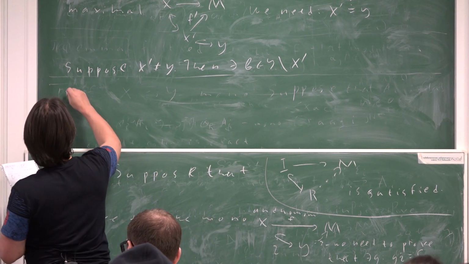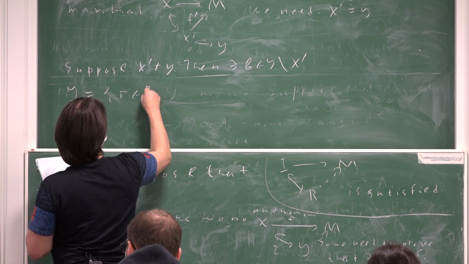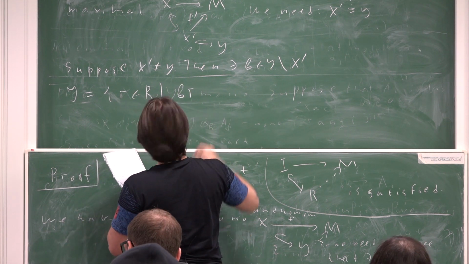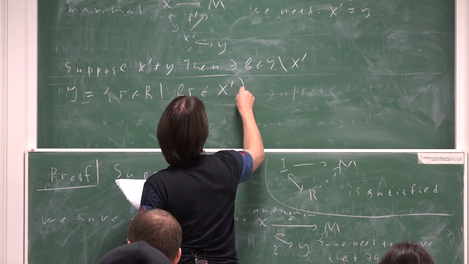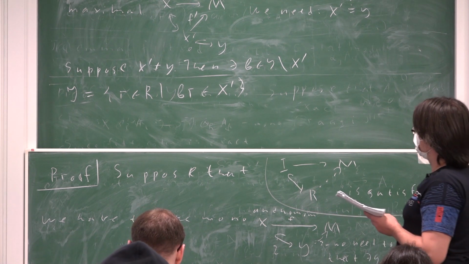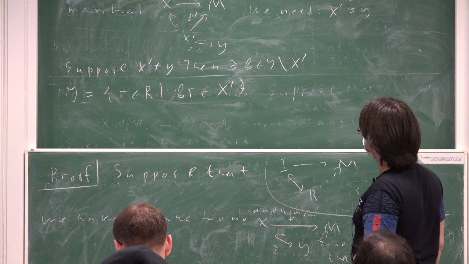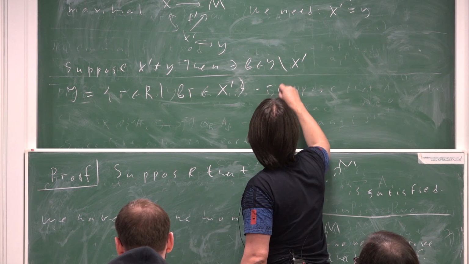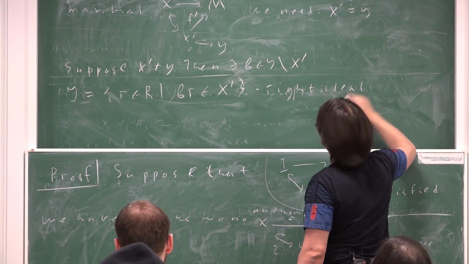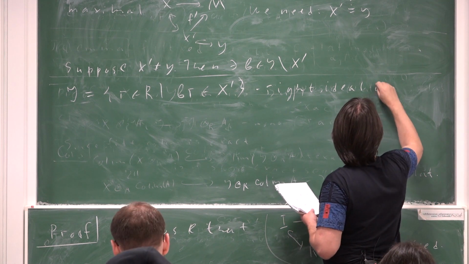So let us consider J, which is a set of such r in R that b times r lies in x prime. And it's clear that J is a right ideal of R.